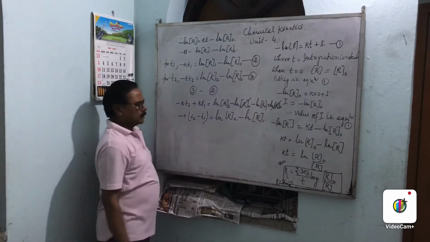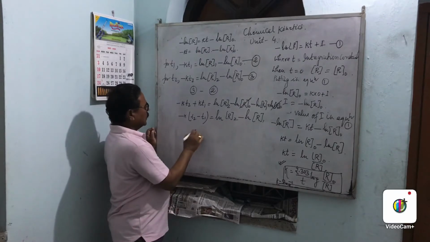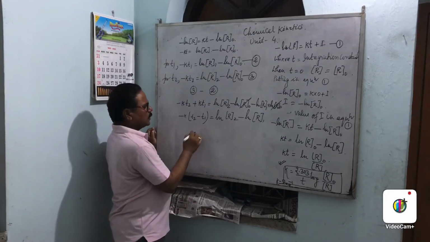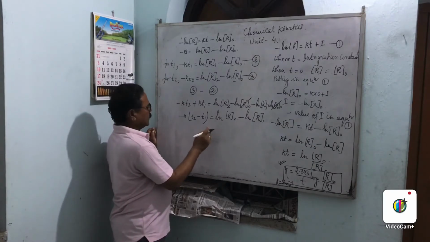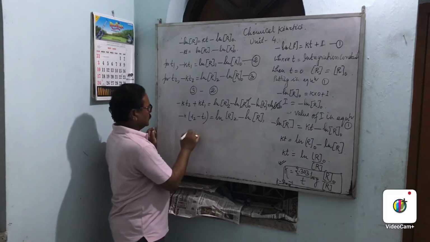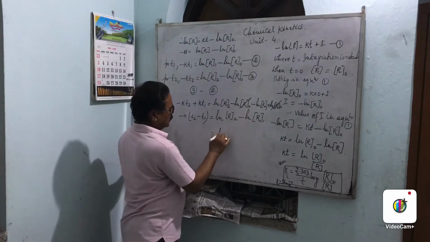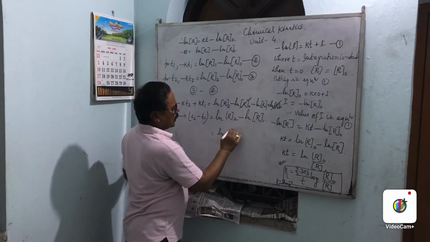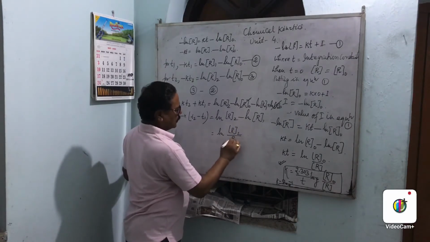We can write this equation as, now this k comes to this side, so it can be written as ln R2 by R1.